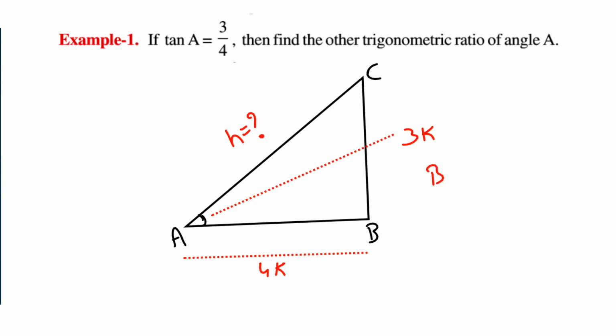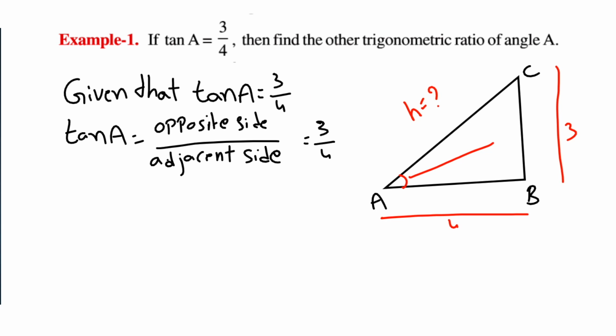First, you write the values: BC equals 3K and AB equals 4K. Here, you find the AC value, that means the hypotenuse. Given that tan A equals opposite side of angle A by adjacent side of angle A, that equals 3 by 4.